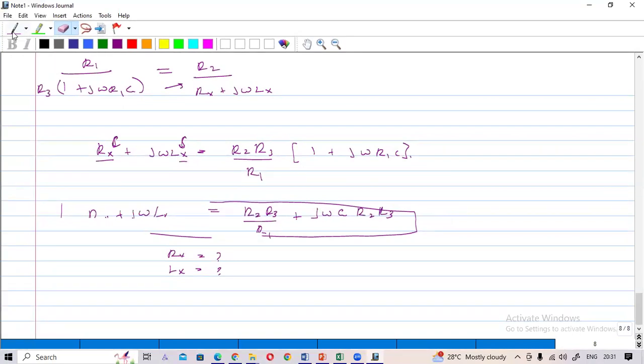This is Rx, j omega Lx. Actually, using this equation, we can find them.